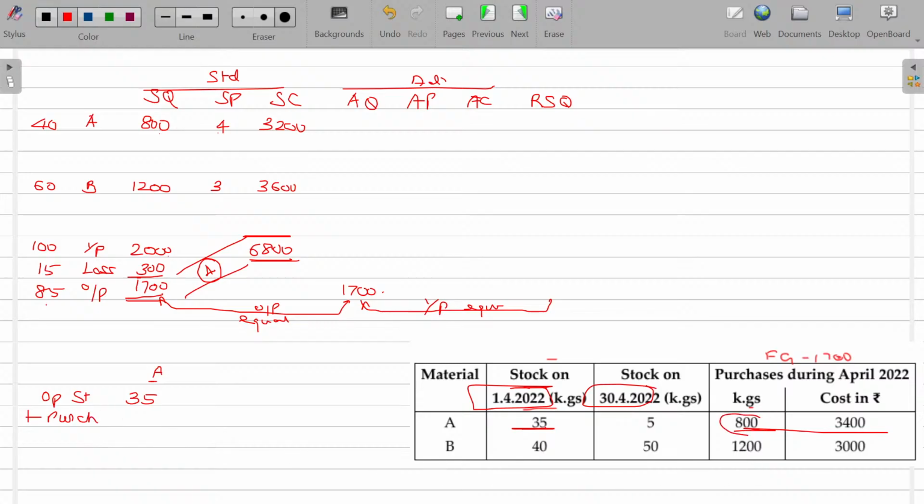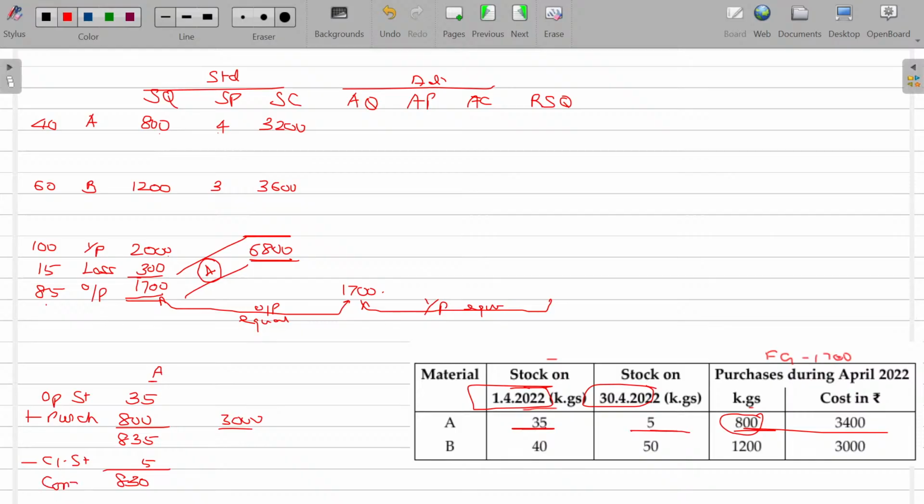The number of units purchased being 800 units, and at the rate of rupees 3000, 835, and minus closing stock in this case being 5 units. So the consumption of material is 830.